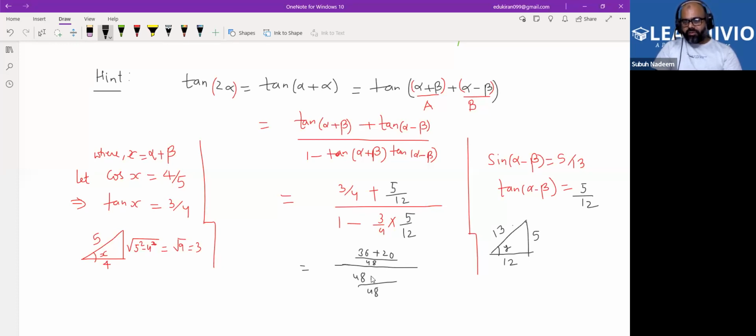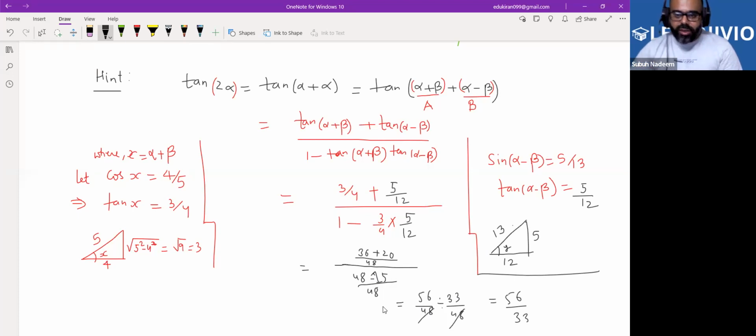And 5 into 3 is 15. So it will be 56 by 48 divided by 48 minus 15, which is 33 by 48. So cancel 48, you get 56 by 33. Might be some calculation mistake from your side.